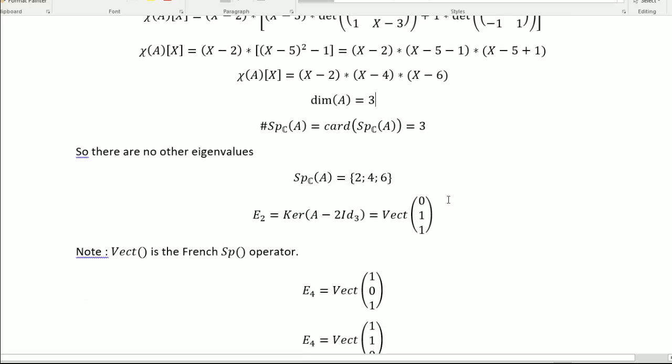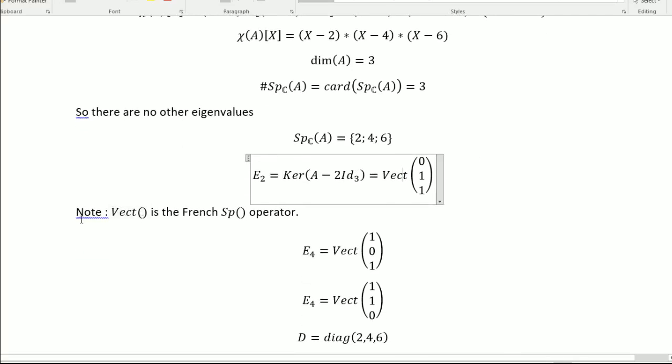So we'll calculate the eigenspaces. That is by definition the kernel of A minus 2 identity. I won't solve this, but I plan on doing a video about how to do a diagonalization. So we get this.